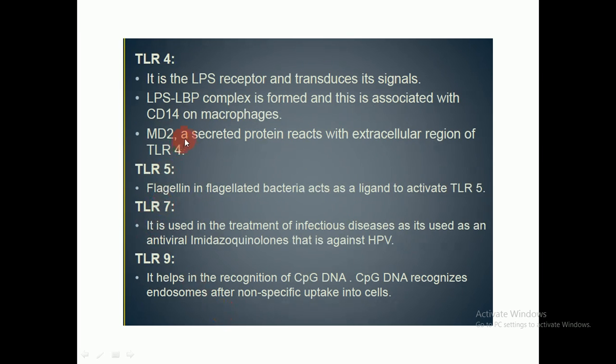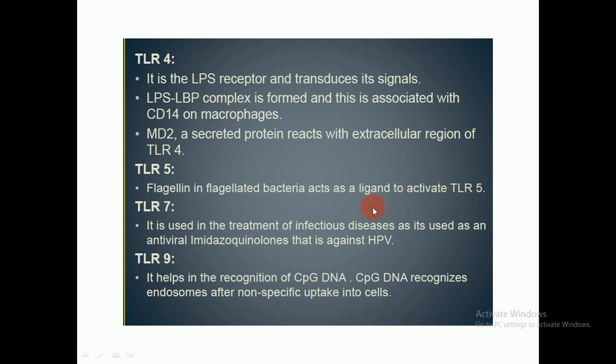Toll-like receptor 4 is the lipopolysaccharide receptor and transduces its signals. The lipopolysaccharide complex is formed and is associated with CD14 on the macrophage. Toll-like receptor 5: flagellin in flagellated bacteria acts as a ligand to activate toll-like receptor 5.